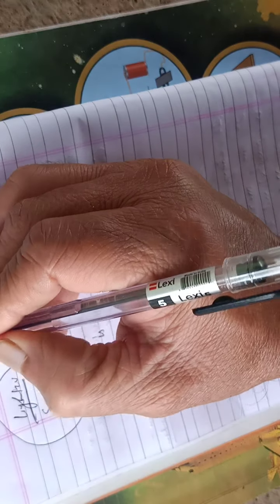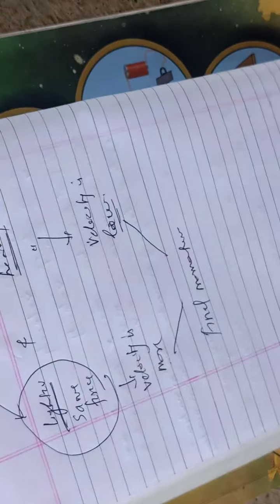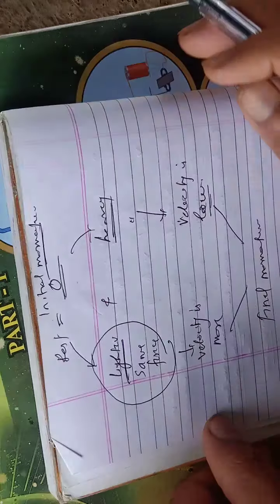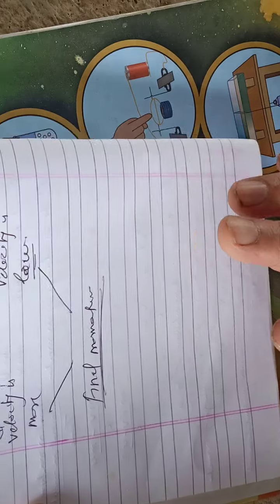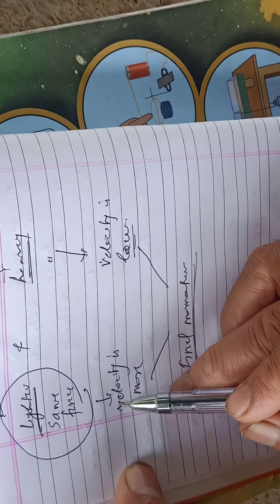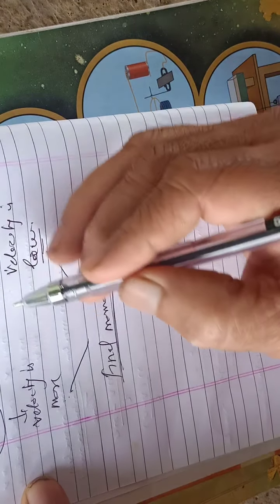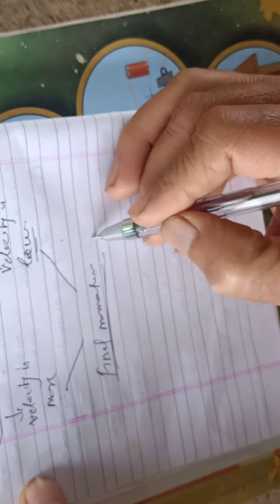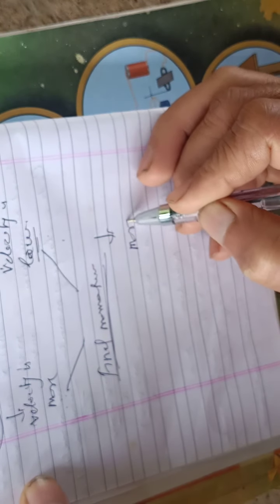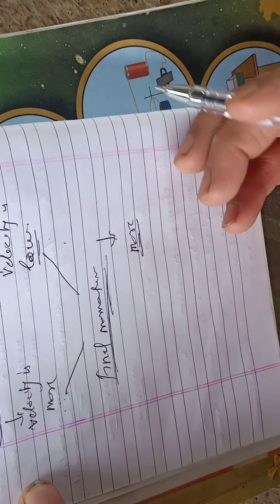Here the initial momentum is 0 because they are at rest. But after applying force, we get a final momentum. Whose final momentum is more, the lighter object's or the heavy object's? Naturally the lighter object has more velocity, but the object whose mass is more has more momentum, because momentum depends on the mass.